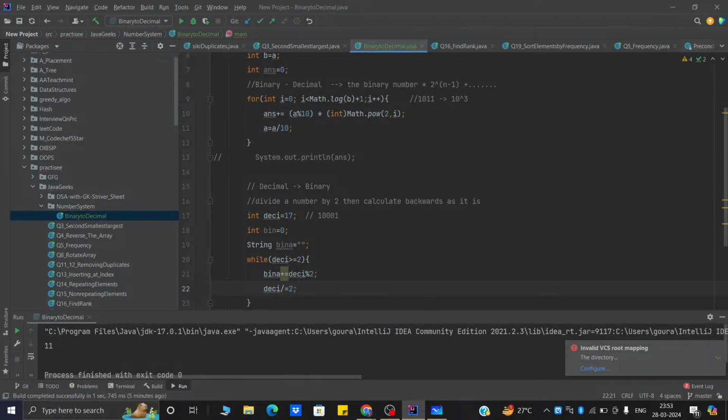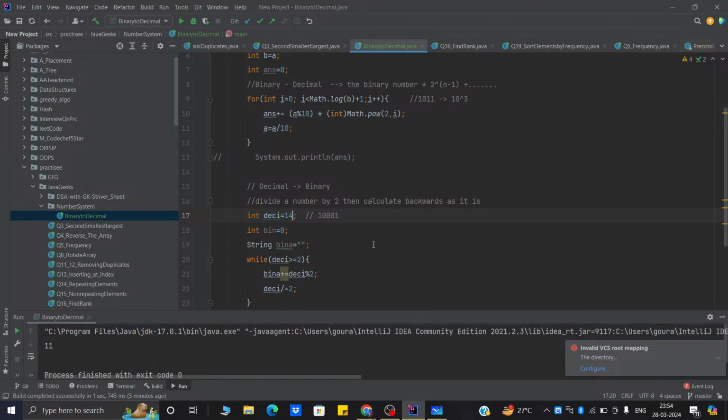Understand? Divide by 2. Will it take it from backward or frontward? Like 17 by 2, it will take from last to first, right? But we have to calculate it from first to last. So you have to reverse it, isn't it? I think it is correct. But we have to calculate from down to up, right?